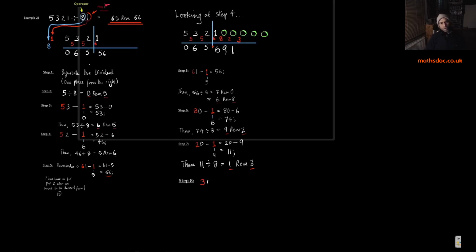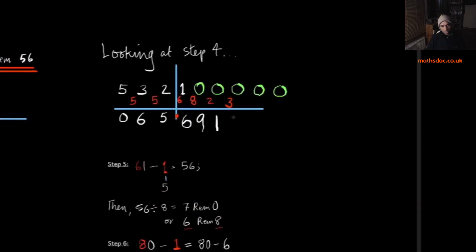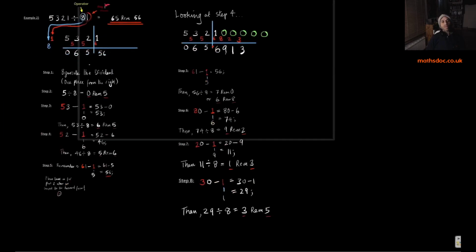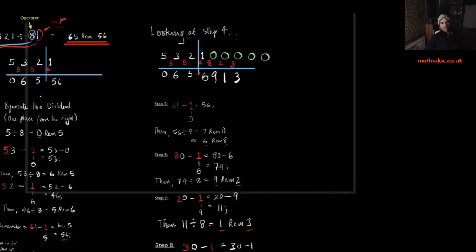Right, gross dividend of 30, take away flag digit times the latest quotient digit, so that's 1 times 1. Nice, isn't it? So 30 minus 1 is 29 as a net dividend, which we need to divide by 8. 29 divided by 8, 3 remainder 5. You can see where it's going now. So 3 we put under the 0 and prepend the 5 to the other 0 there.